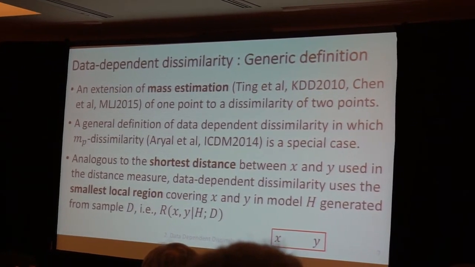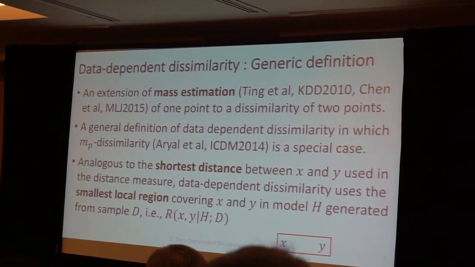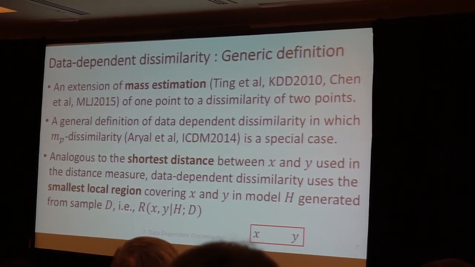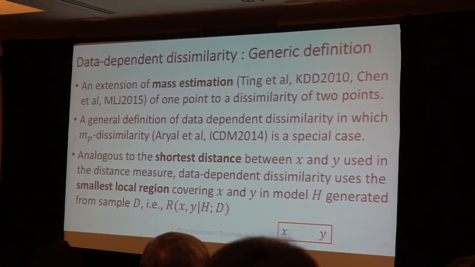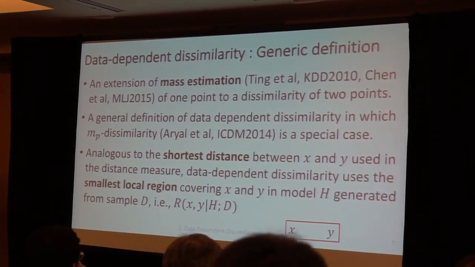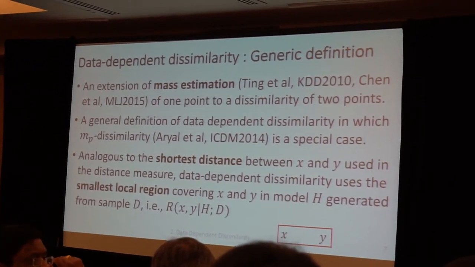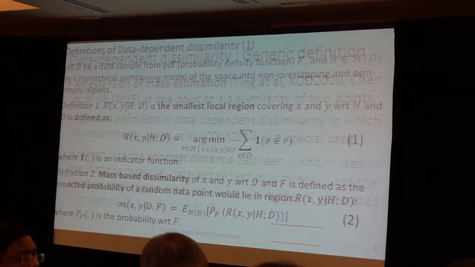So there's an analogy: rather than using the shortest distance between x and y, the primitive becomes the smallest local region covering x and y. That's the primitive of the function.